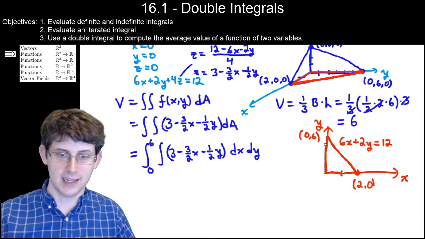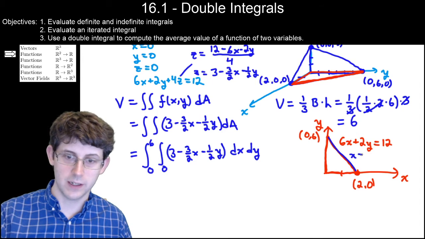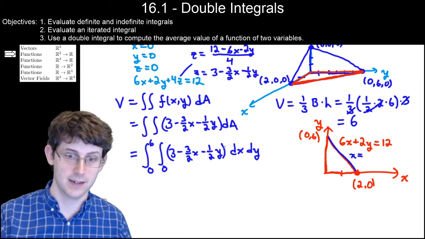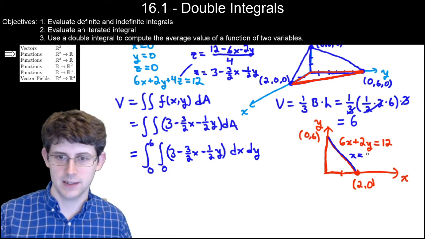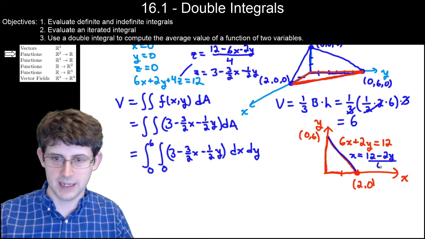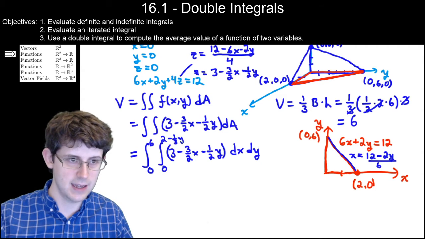So the lowest x will be x equals 0, and the highest x will be whatever this is when you've solved for x, because it's an x bound. So solve this for x. You'll get 12 minus 2y, all divided by 6. So that's 2 minus a third y.